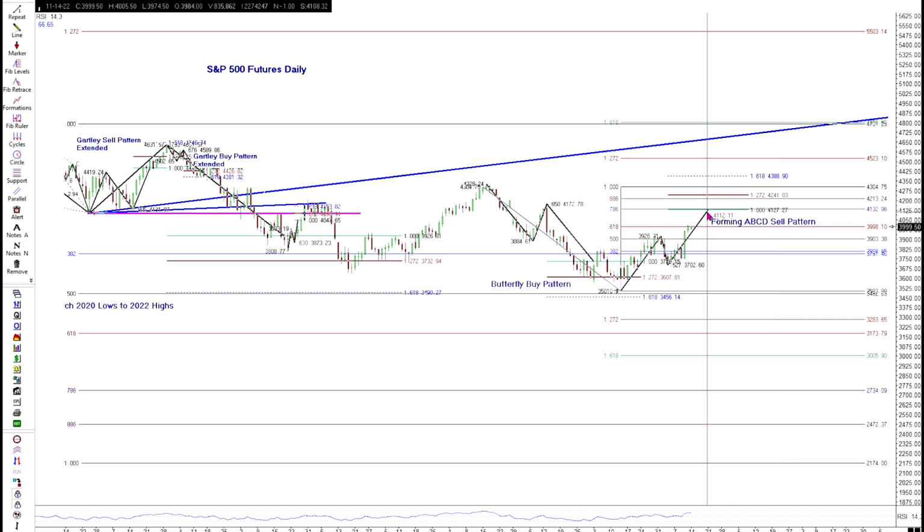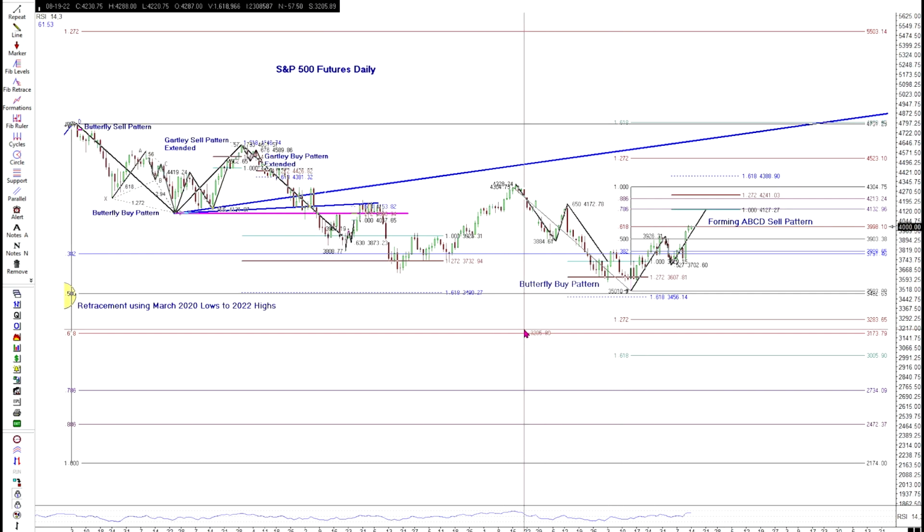For a pattern like this, since you've got the price moving in the upward direction, you want to be watching for some type of confirmation of return to the downside before just jumping right in there with a short sell. It's really best to come to my website, get the introduction course of this pattern so you really understand them. But we have a confluence of the CD leg completing right at the 0.786 retracement.